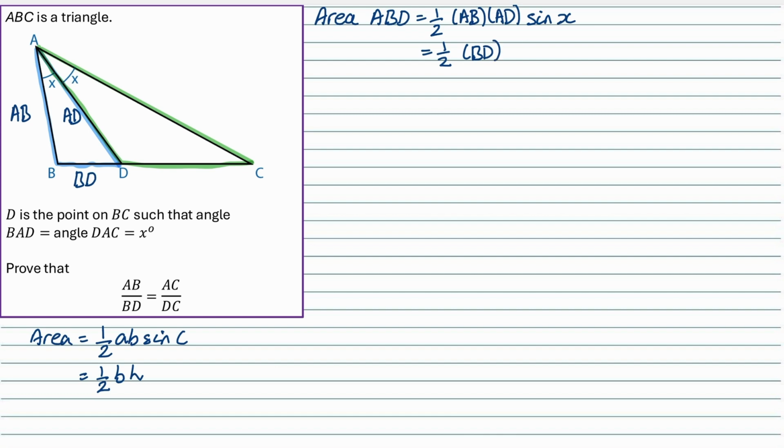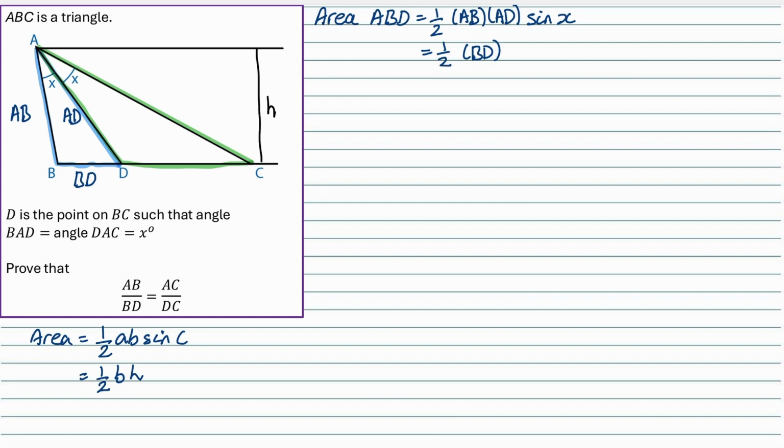Now the perpendicular height would be from A to the base of the triangle. So I'll label that with H. And this is useful because you can see that the perpendicular height is the same for both the blue and the green triangle. So that will help us later on.